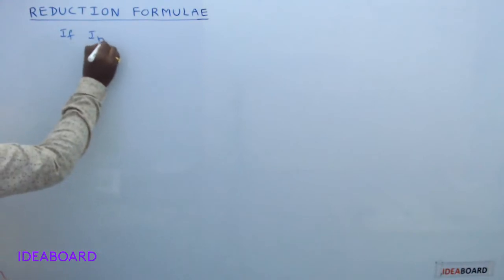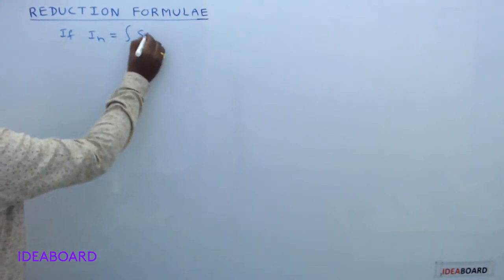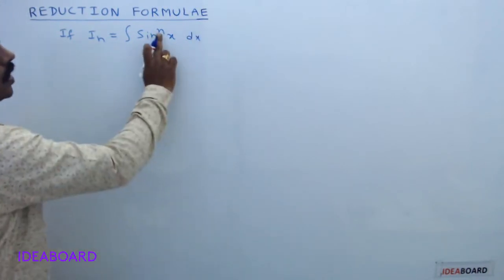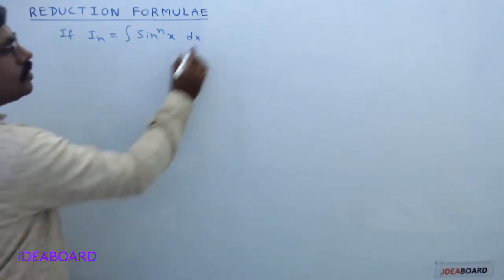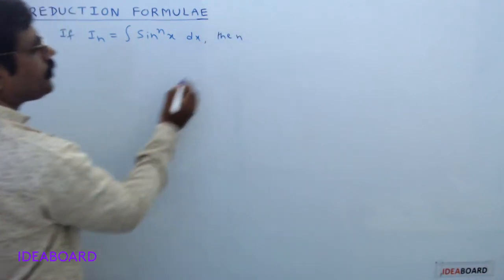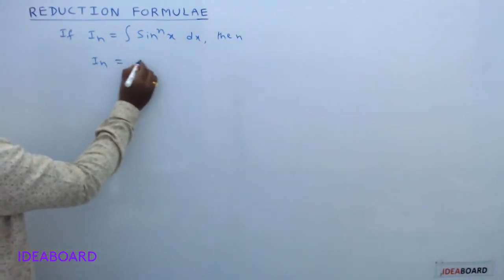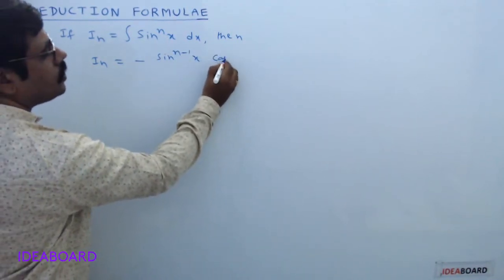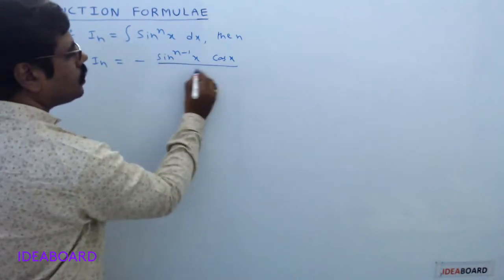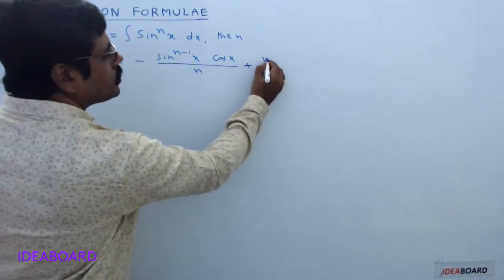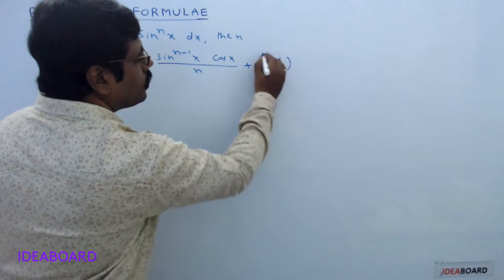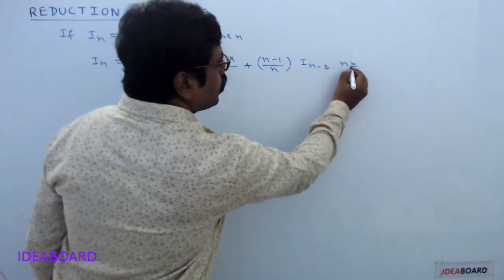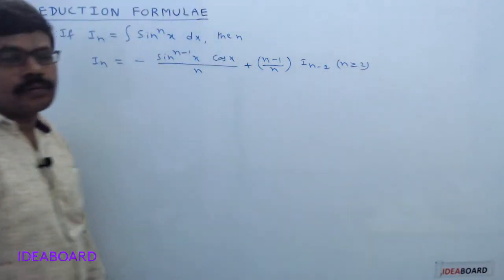If I_n equals integral sin^n x dx, where n is a positive integer, then I_n equals minus sin^(n-1) x into cos x divided by n plus (n-1)/n into I_(n-2), where n is greater than or equal to 2.